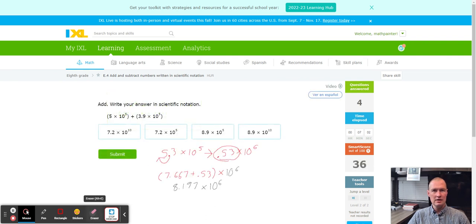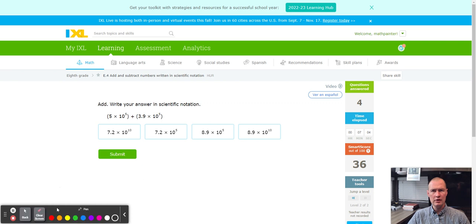All right, next up, they were very nice of them to give us a break. So we're going to add, we got a whole number plus a decimal, but the exponents are the same. It's when the exponents are different is what makes it quite a bit harder. All right, so we got 5 plus 3.9 times 10 to the 5th power.